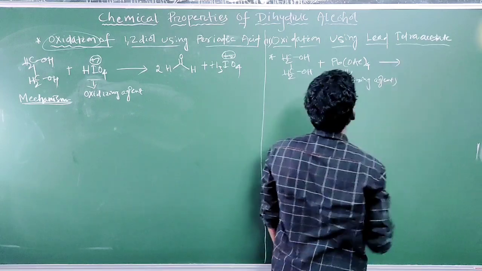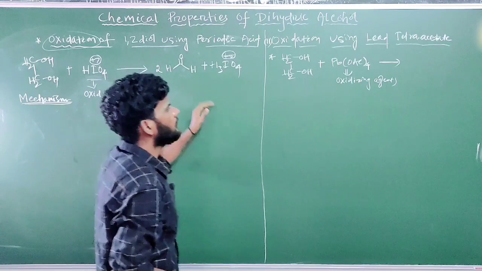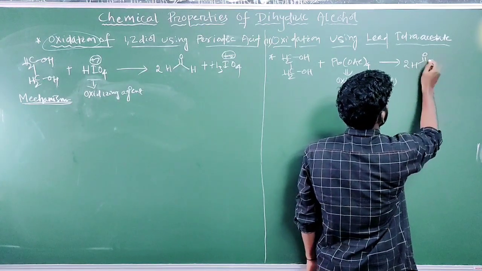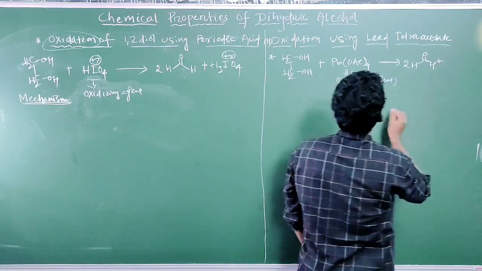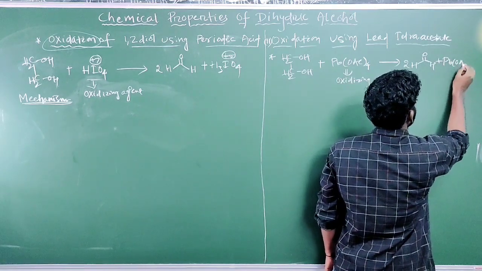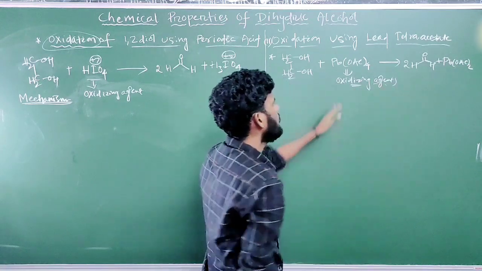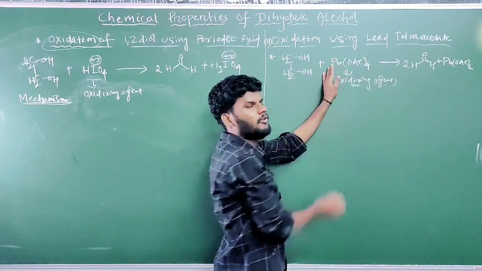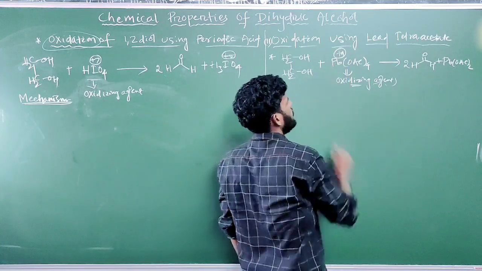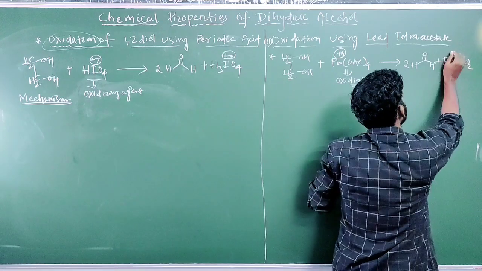So what will the product be? It will similarly form 2 moles of formaldehyde, HCHO, and the remaining part is Pb(OAc)2, lead diacetate. Why is it an oxidizing agent? Here the oxidation state of lead is +4, and in the product the oxidation number is +2.